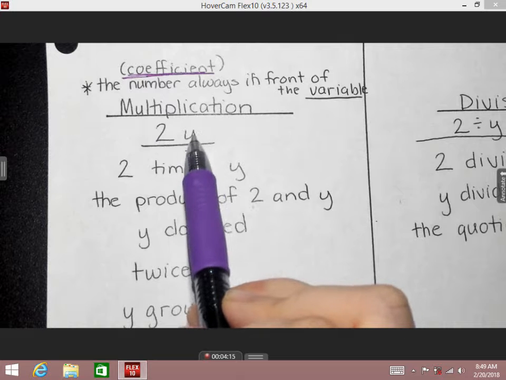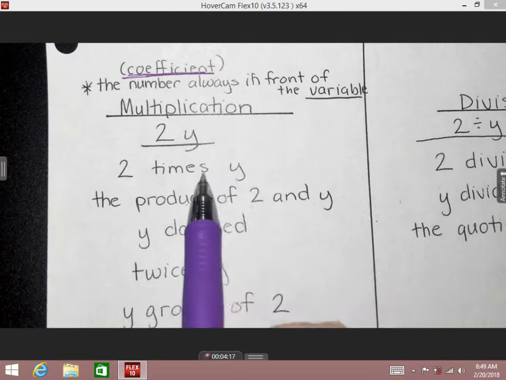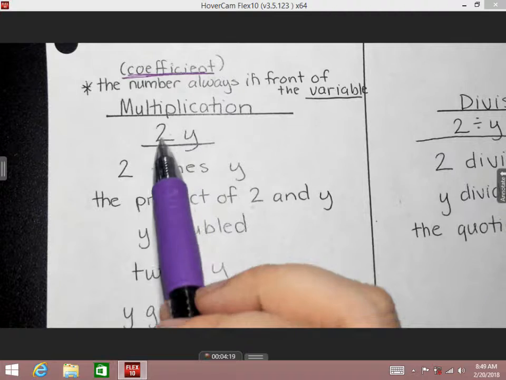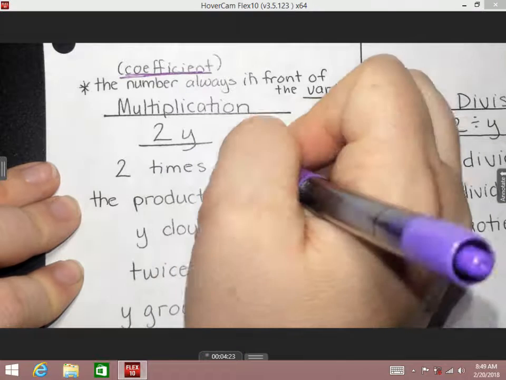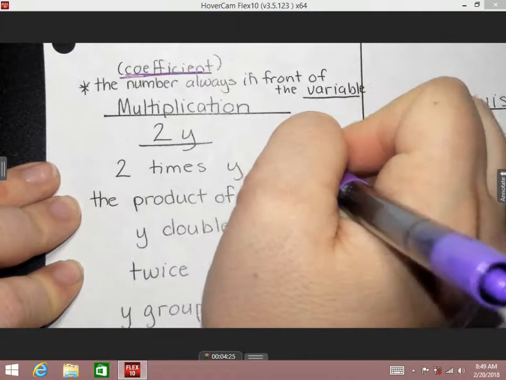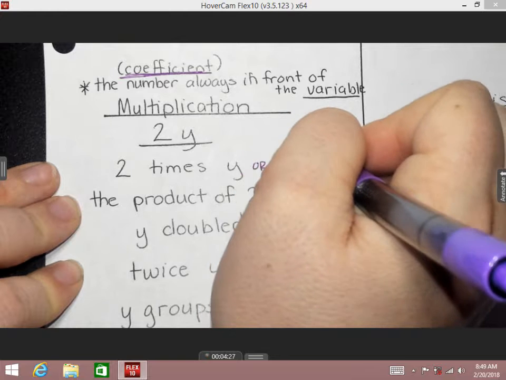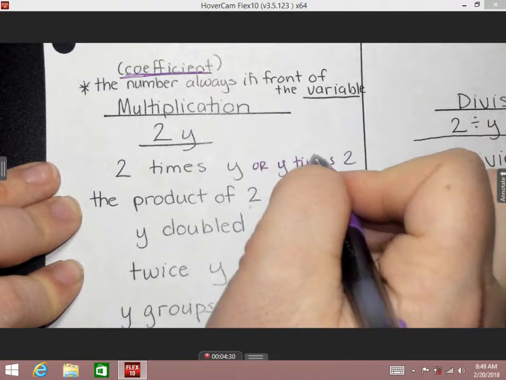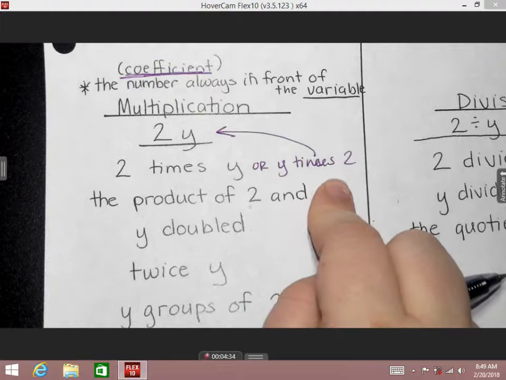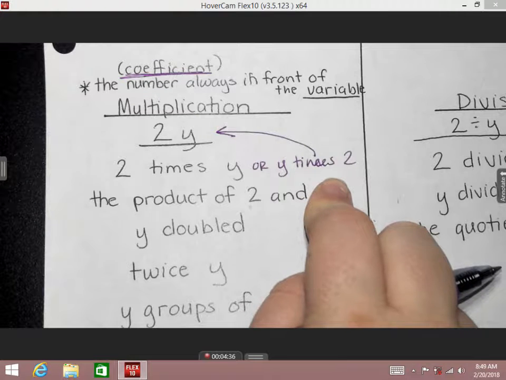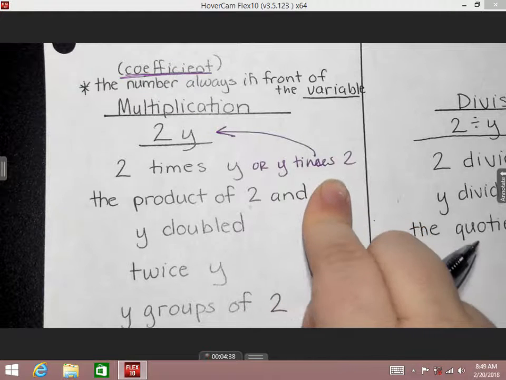This is really important. Where does your number have to go? In front. Your number has to go in front. So 2 times y would obviously be 2y. Or if I have y times 2, guess what? That's still going to be 2y because my number has to be in front. That's only true for multiplication.